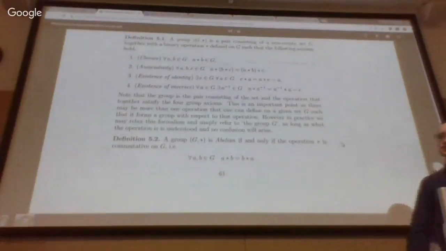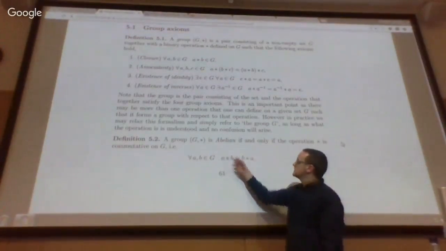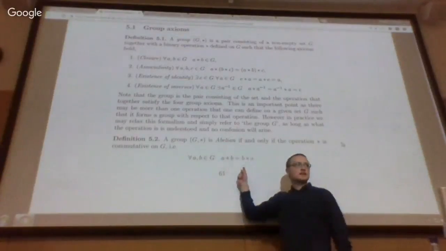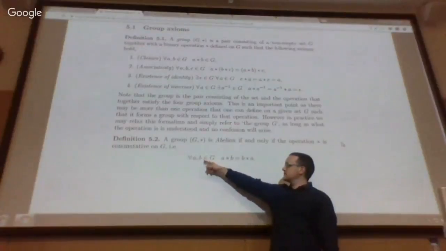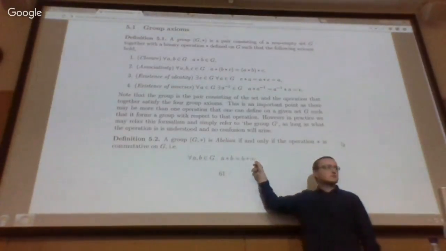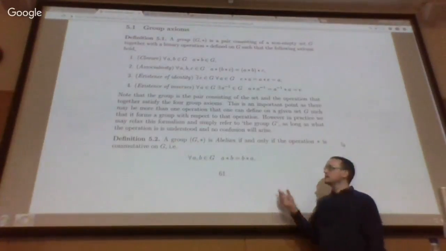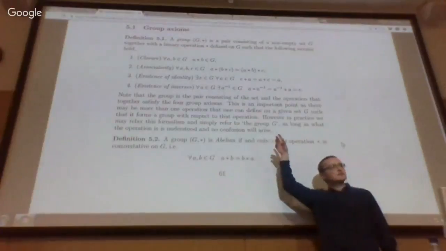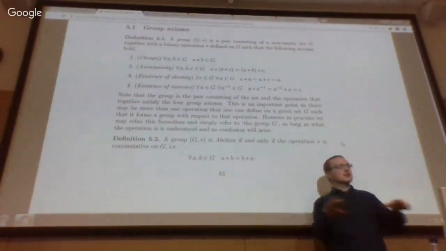And finally, just to note that in general, this condition here is called commutativity. If it's always the case that for every A and B, the product of A with B is the same as the product of B with A, then the operation is called commutative. Now that's not part of the definition of the group, but that's the first broad classification of groups.